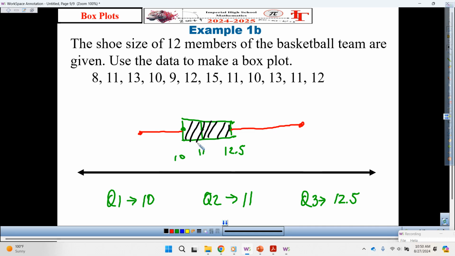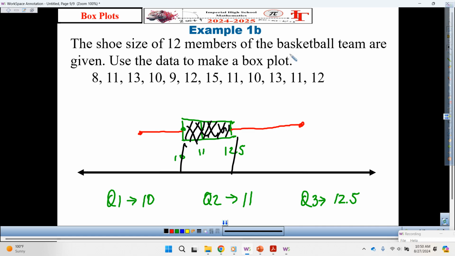David, what would you say? Well, look at the data. Falls between here and here, most of it. And it's about the shoe size in the basketball team. What's that?